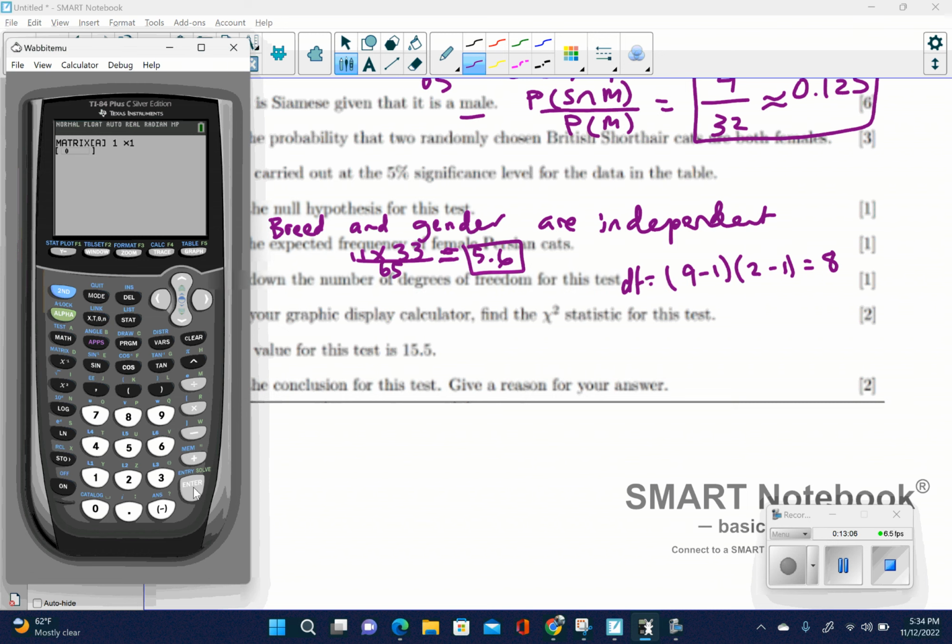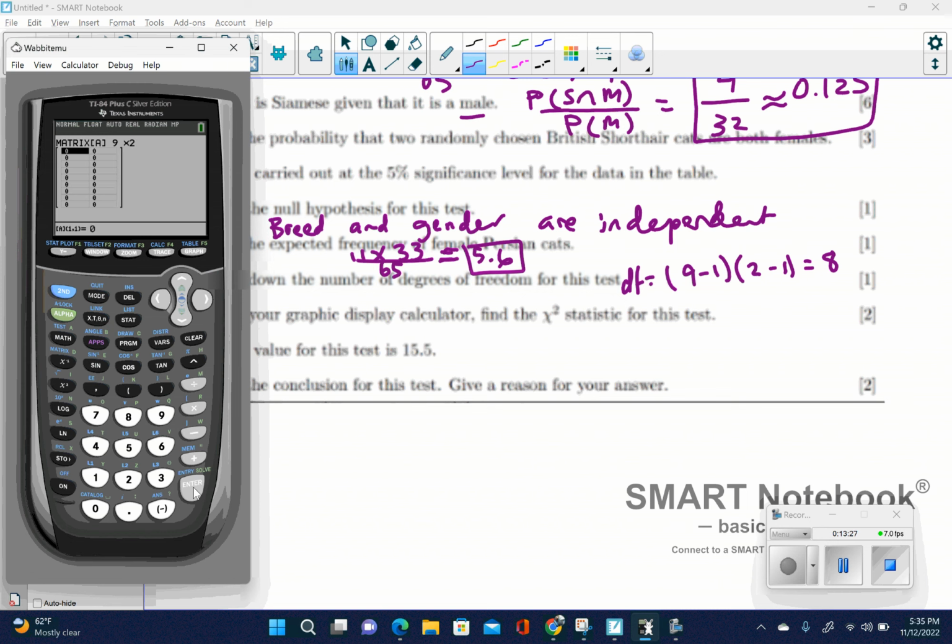Always rows, then columns. So if you take a look at the question that we have, there are 1, 2, 3, 4, 5, 6, 7, 8, 9. There are 9 rows, and there are 2 columns. Remember that you do not include the totals.